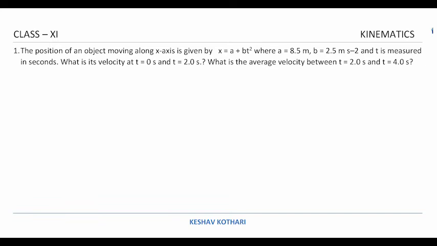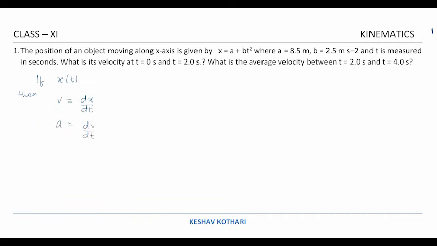So let us first of all deal with the basic definition. If displacement is a function of time, then we can say that velocity can be written as dx by dt, and acceleration can be written as dv by dt.